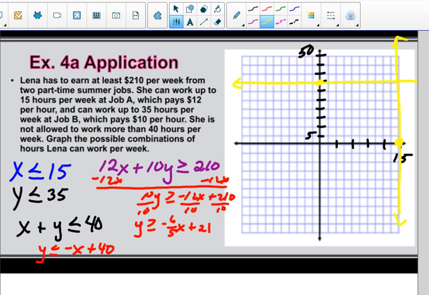And then we have y is less than or equal to negative x plus 40. So I need to go to 40. So if this is 35, 40 would be right above here. And then I have to go down 1 over 1. Since we can go 3 over 3 because that would still be 1.